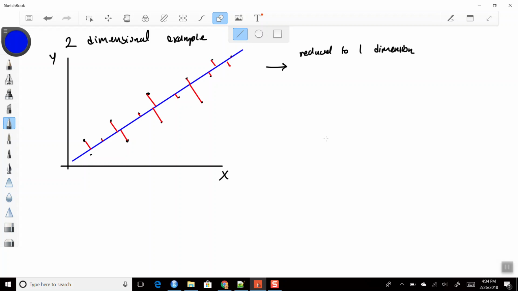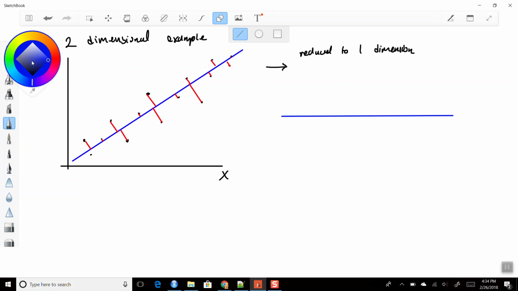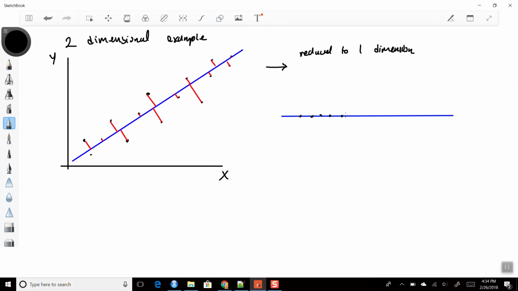All of the data points basically get put on this line overall, and we would just have points along here. Something like this, right? And then we could try to reconstruct the original data.